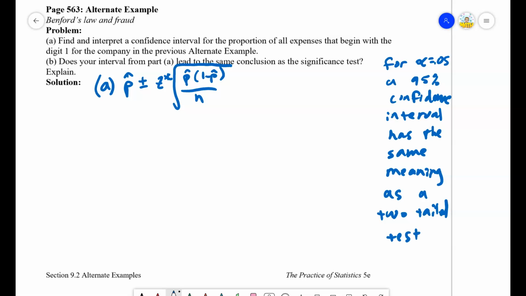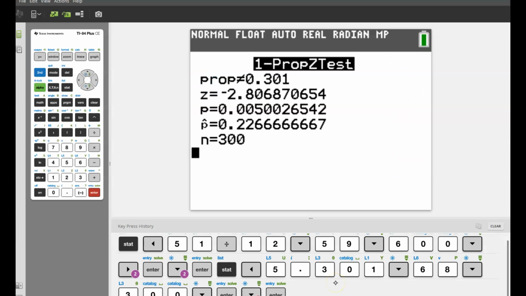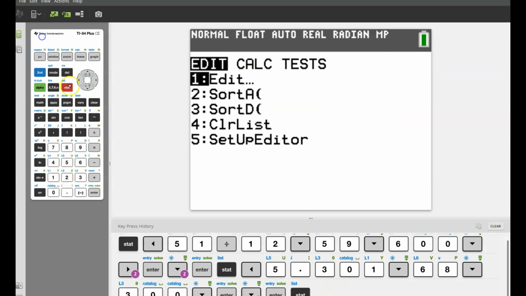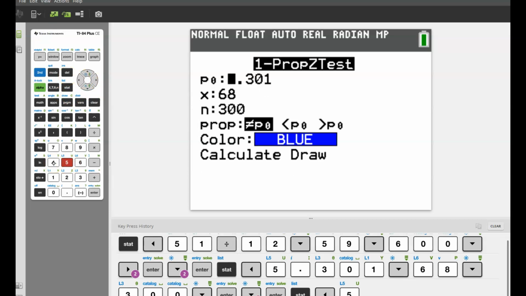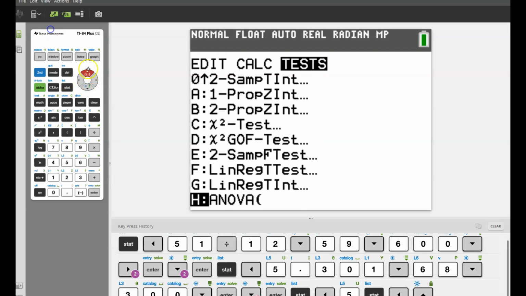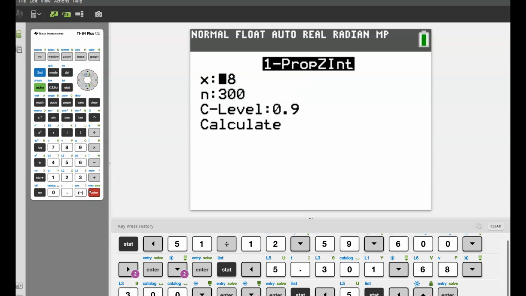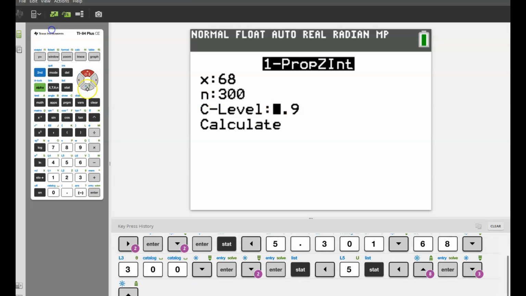Remember, 95% confidence in the interval means there's 2.5% in each tail, which is exactly what's happening with a significance test. We're going to do the 1 proportion z interval this time. So stat, test, and we go to 1 proportion z interval. Same statistics, but we're going to tell the calculator to give us a 95% interval.